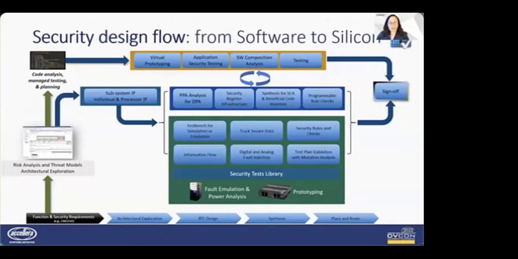Things like PPA analysis for differential power analysis, security register infrastructure, defensive code insertion, with automated capabilities like dual-core lockstep and triple modular redundancy, programmable rule checks and security rule checks that are available both in the design side and the verification side.